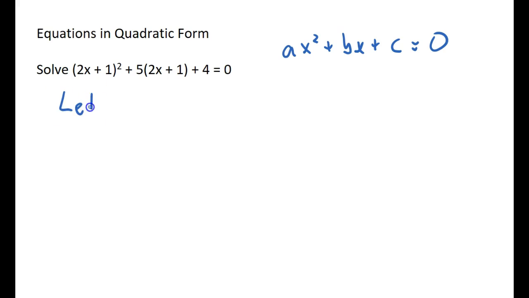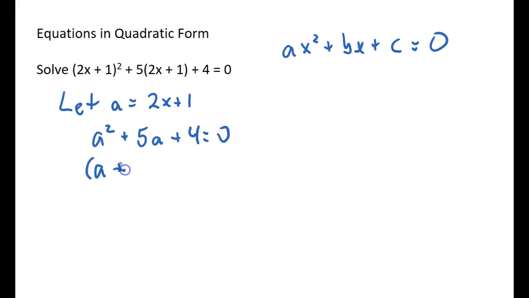So I'm going to let a equal 2x plus 1. And I'm going to rewrite this equation here in terms of a. So now it becomes a squared plus 5a plus 4 equals 0. And that factors a plus 1, a plus 4. So a equals negative 1 and negative 4.